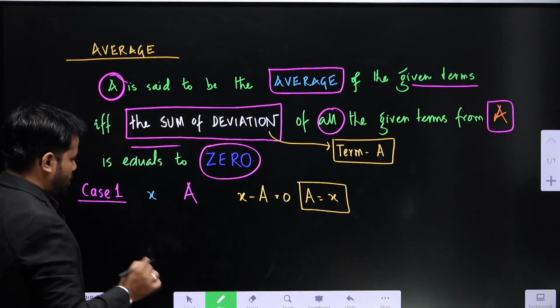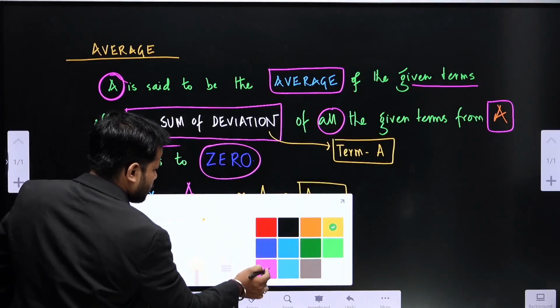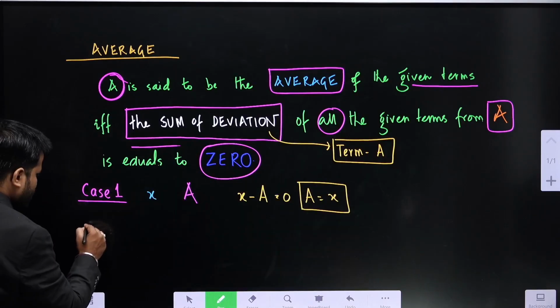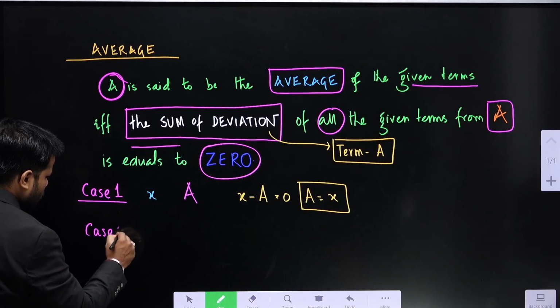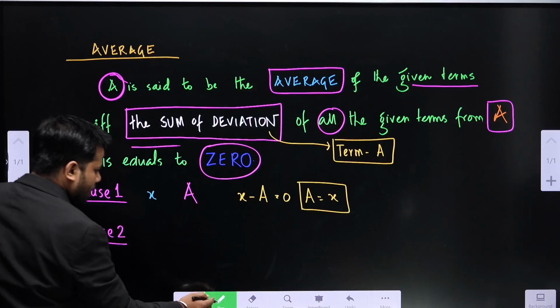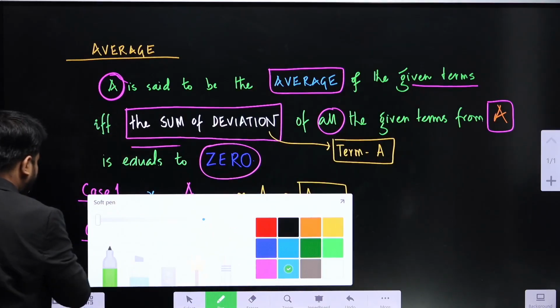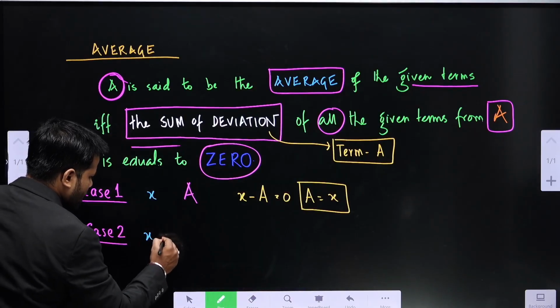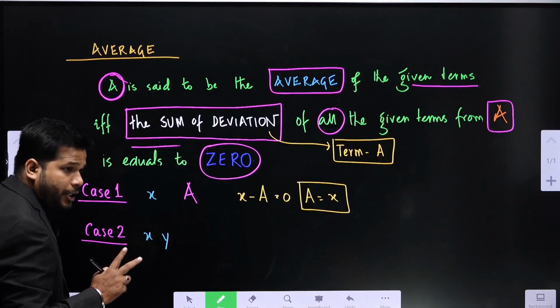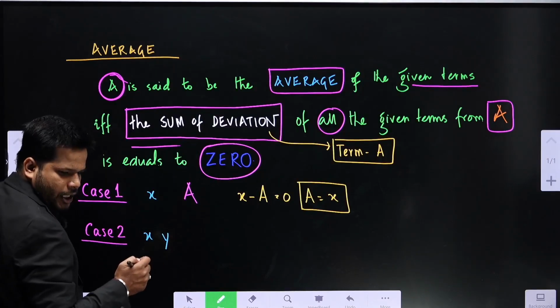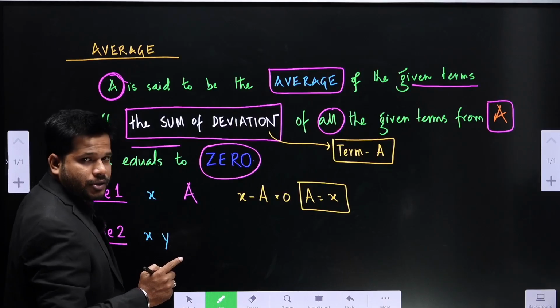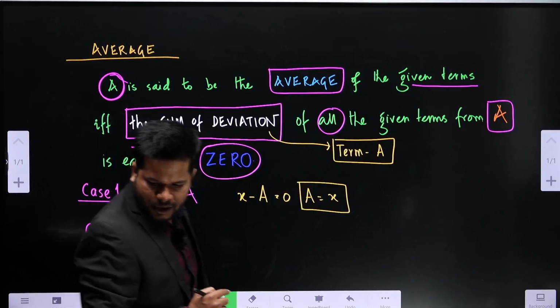Simple. Let us go to case 2. If I take you to case 2, what I will do is extend the number of terms to x and y. How many terms have I taken? 2.